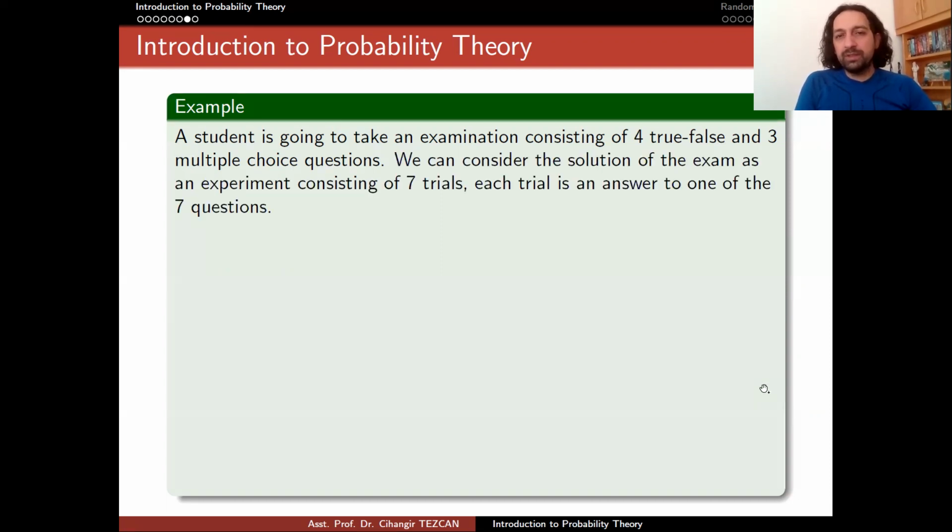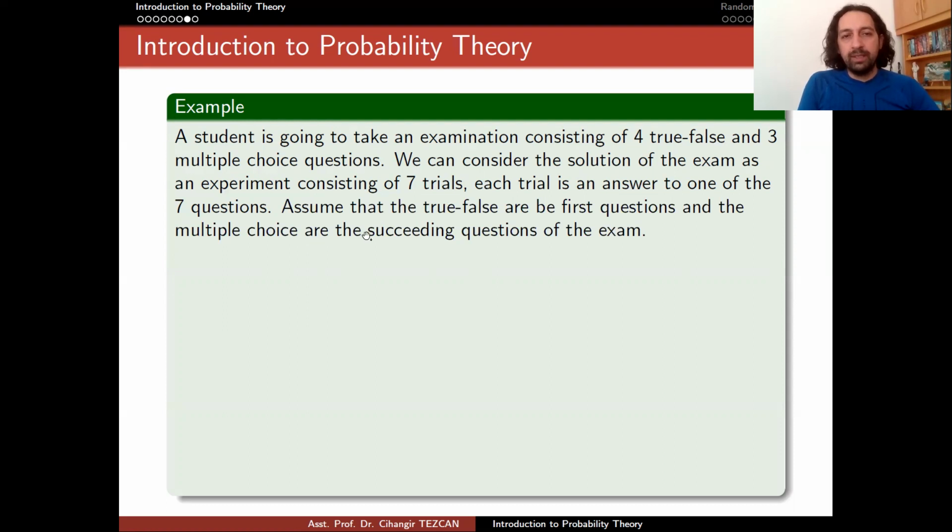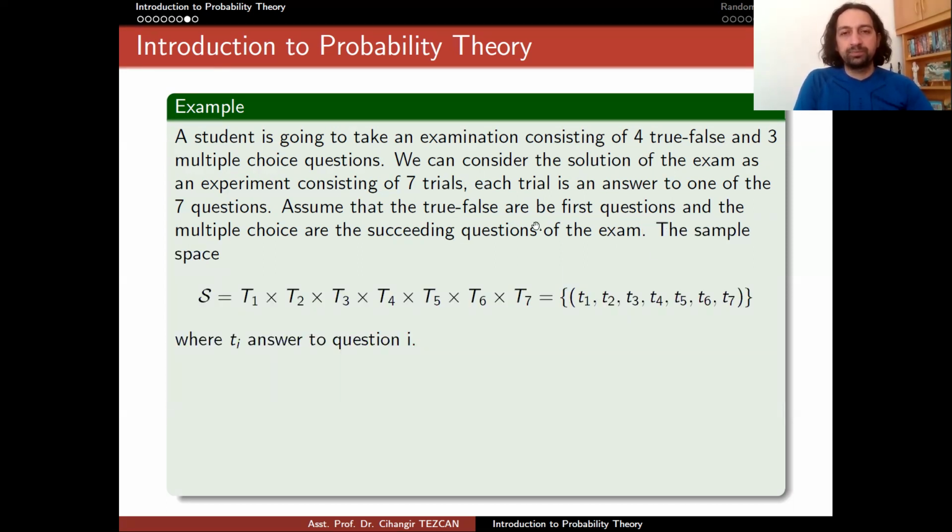We can consider the solution of the exam as an experiment consisting of 7 trials. Each trial is an answer to one of the 7 questions. But don't forget that 4 of them are true-false, and 3 of them are multiple choice. Assume that the true-false questions are the first questions, and the multiple choice are the succeeding questions of the exam. Of course, this is not important for the probability, but to make it easier to think about the question, let's make this assumption.